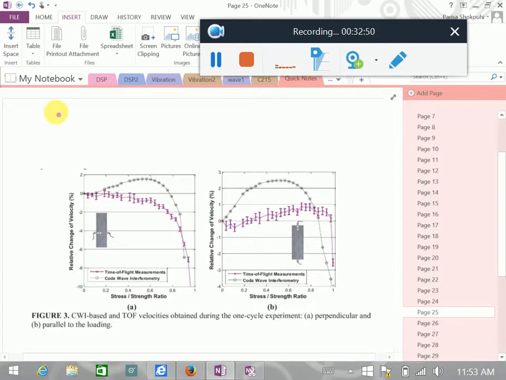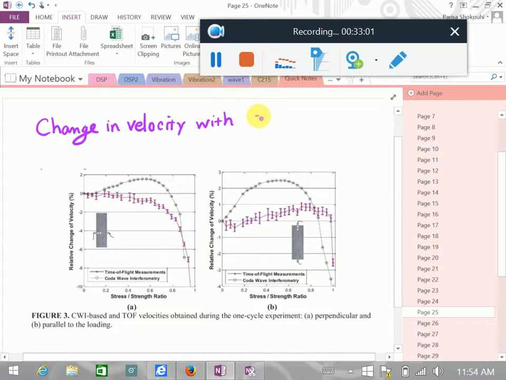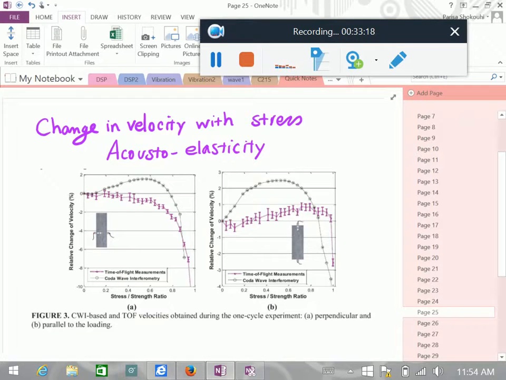The change in velocity with the stress is called acousto-elasticity. In rocks, this is very important because in situ, the rocks always have confining pressure. So the velocity may just change because of different pressure. You don't even have to have cracks or anything else inside.